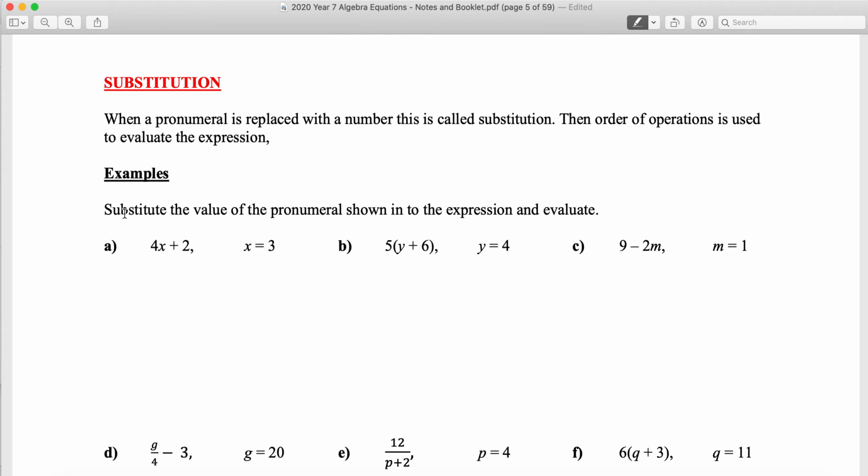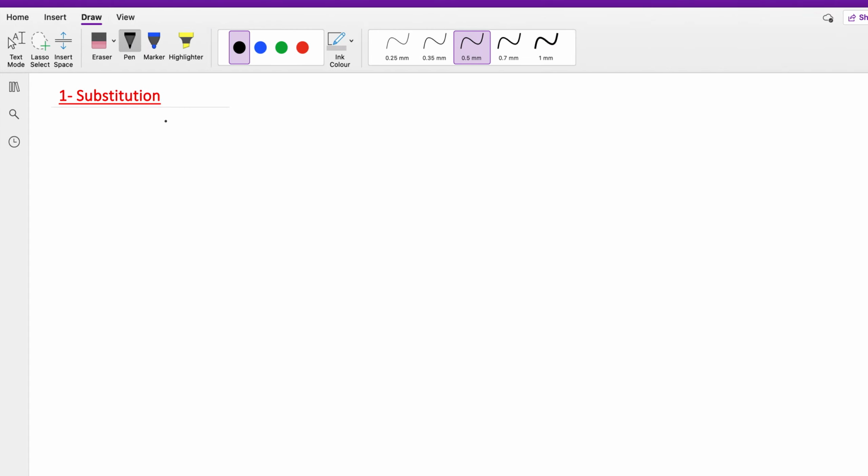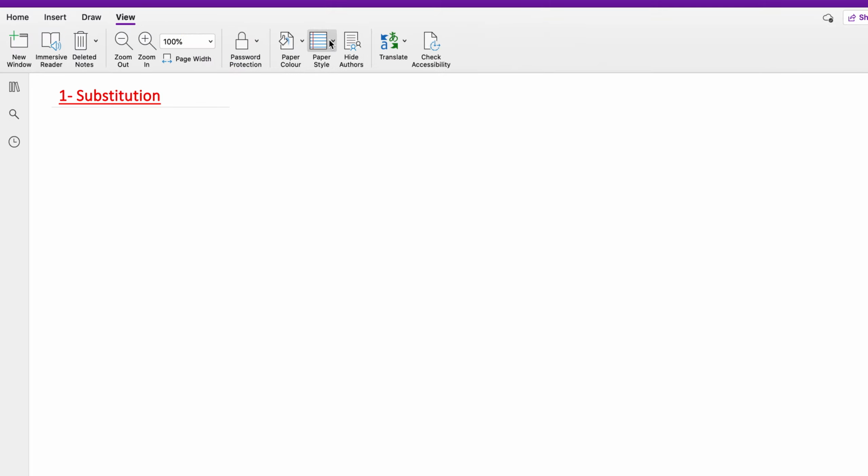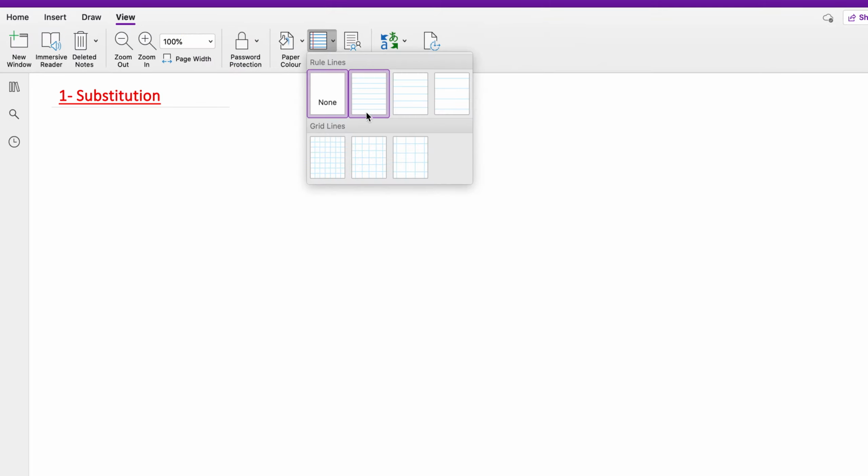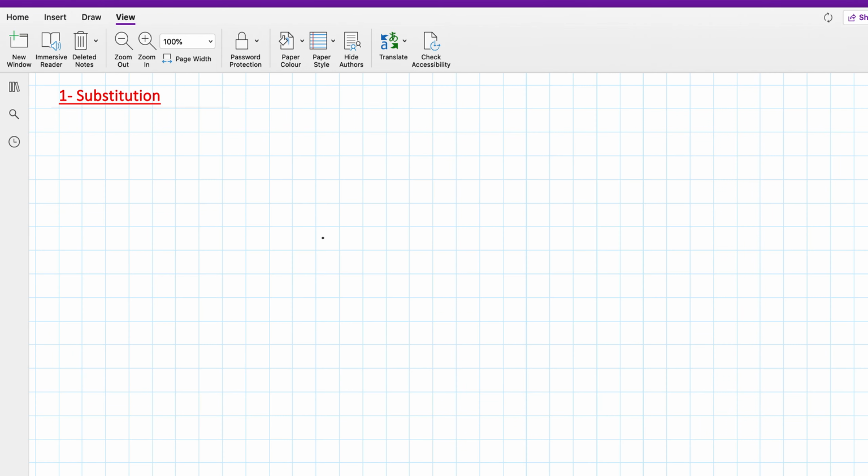It says here, substitute the value of the pronumeral shown into the expression and evaluate. So we have here this one, so we're going to do it. How? This is very important, girls, how I want you to set up your work. And I'll be checking your notebooks because, again, this was one of the biggest problems last year.